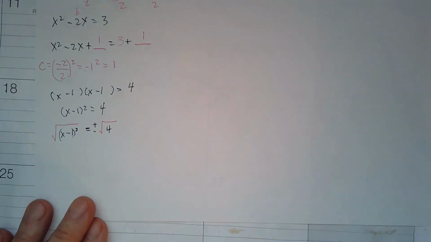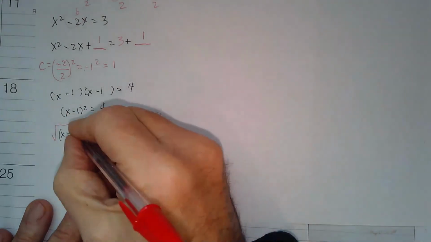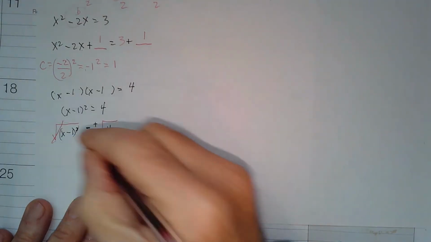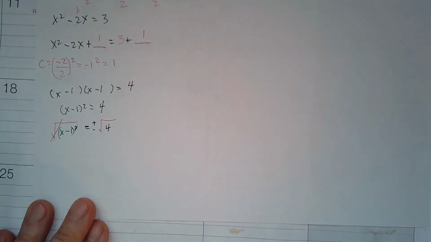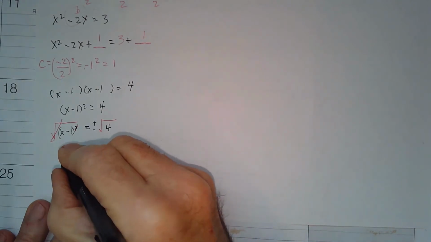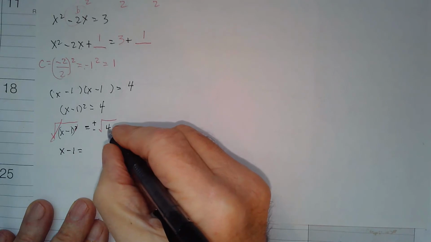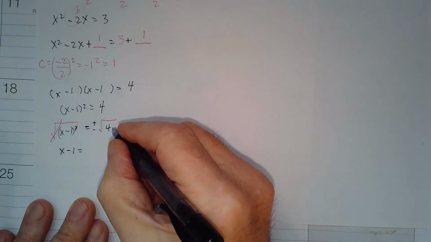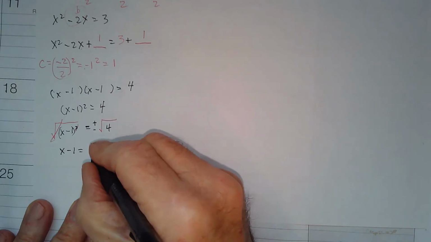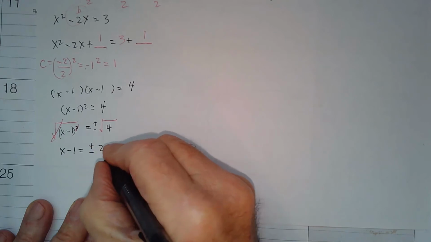Right? Okay, so again, anything squared that has a radical sign, those two cancel each other out, so you're left with x minus 1 equals, and in this case, plus or minus the square root of 4. Well, square root of 4 is 2, so plus or minus 2.